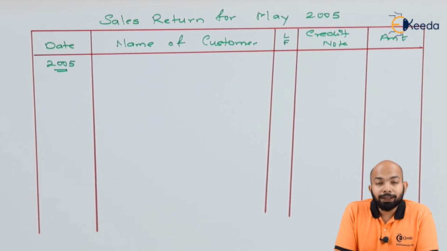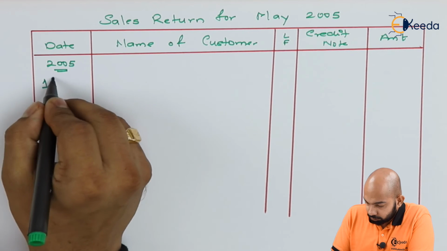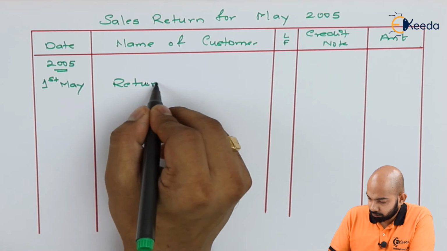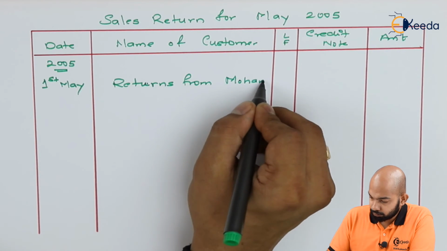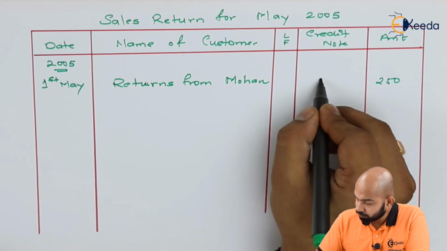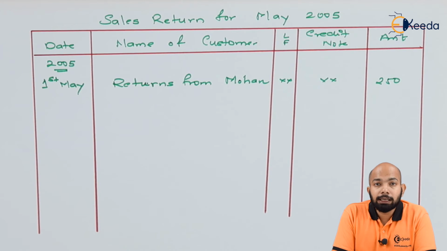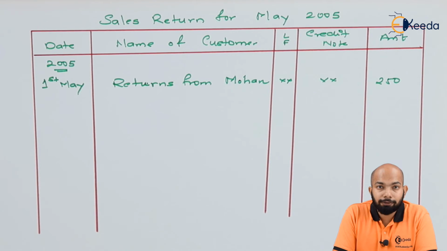So now that we have prepared the specific proforma with the date being mentioned there, we'll first go ahead and record the first transaction. So now that the first transaction has been recorded, 1st of May, returns from Mohan, and the amount has been mentioned down there as 250. Let's figure out the next transaction.